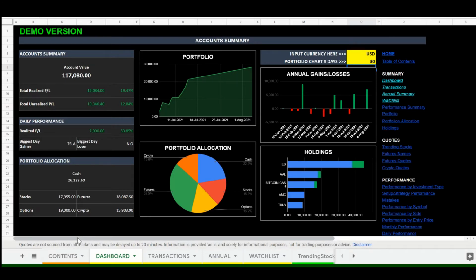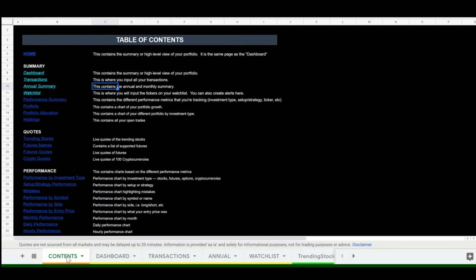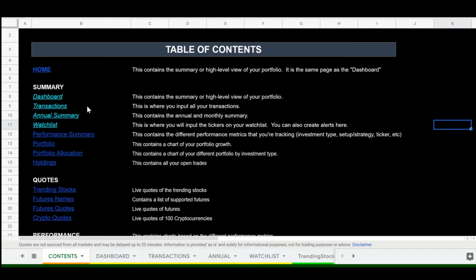The first tab or the first page is the table of contents. Right here, you will see everything that this tracks. Zoom in here. You see there's a dashboard, all your transactions, annual summary, watch list. If you have a watch list, or you want to get triggered by some of your watch list, it will show you that here.